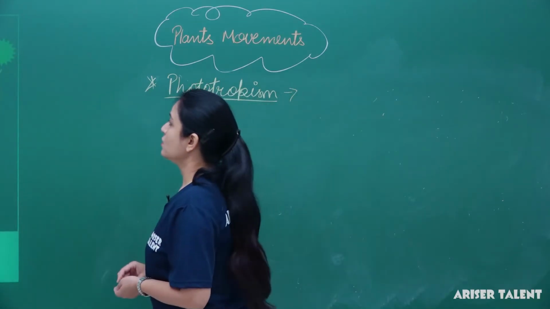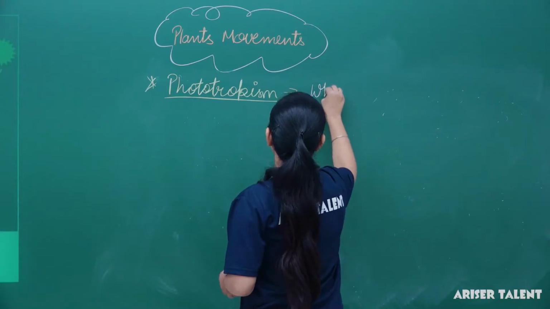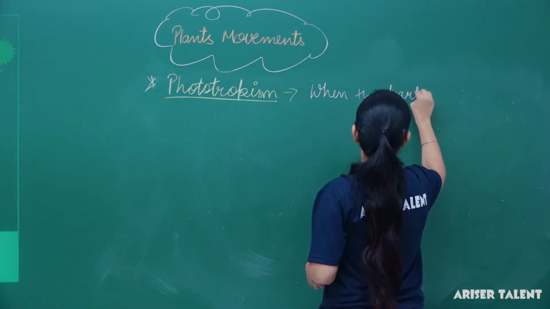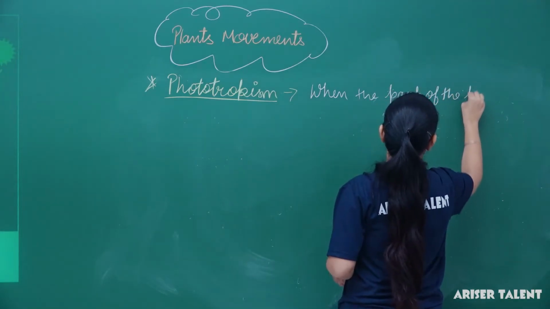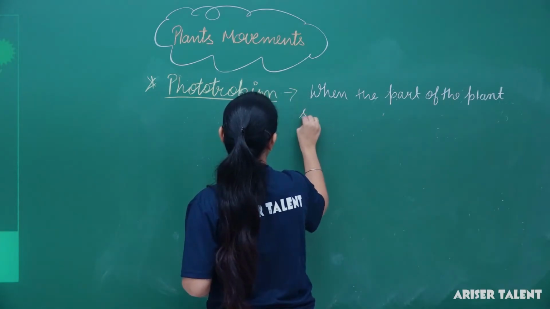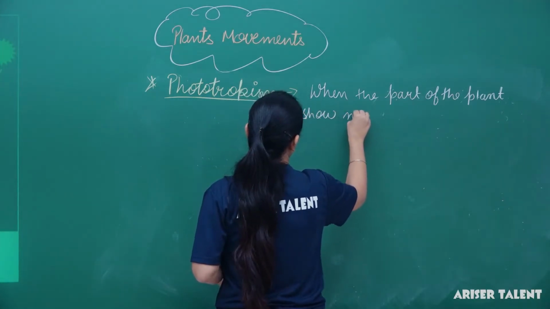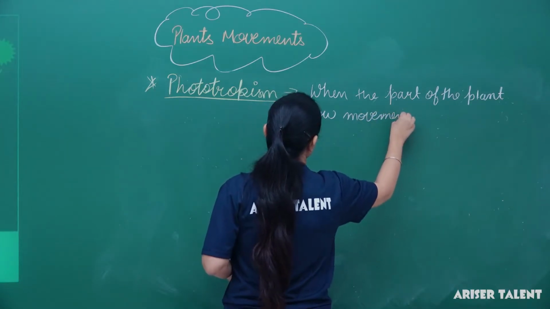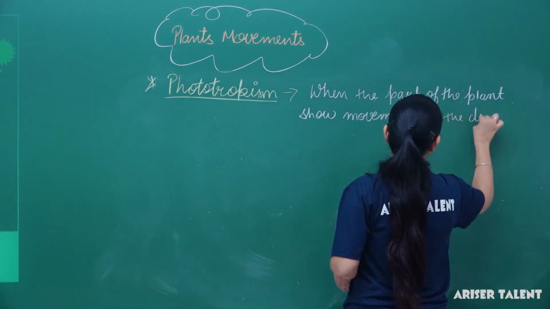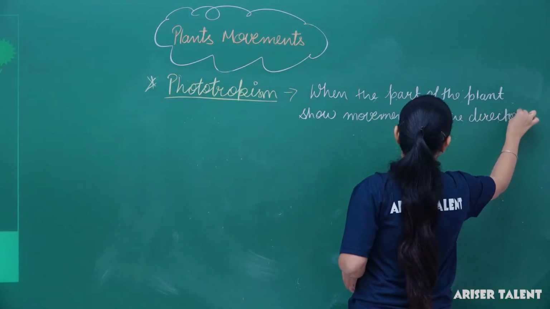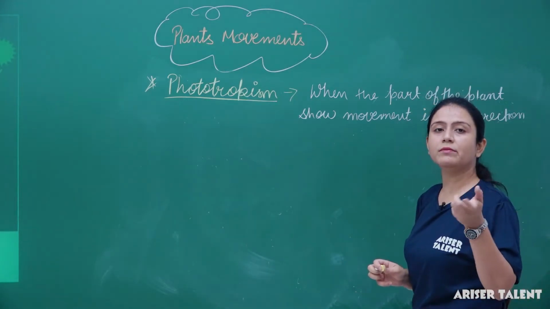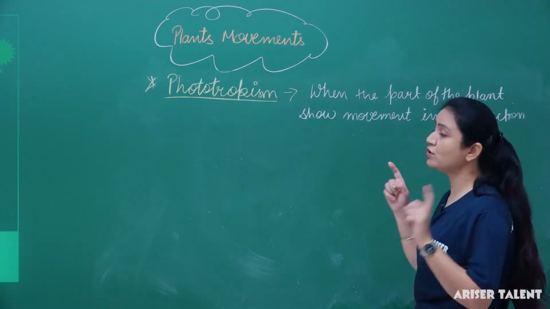Okay. Generally phototropism is the movement in the plant due to the light, and it is of two types.